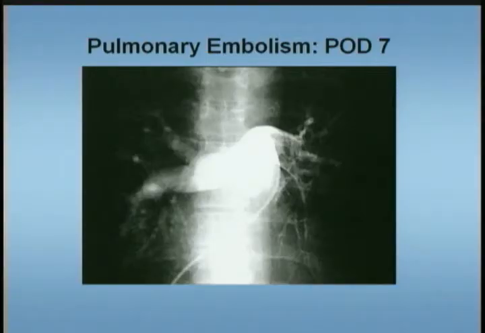The blood gases would show a very, very helpful pattern, because what we see after a PE is hypoxemia with hypocapnia. That is low PO2 and low PCO2, which is not what you see in pulmonary failure.